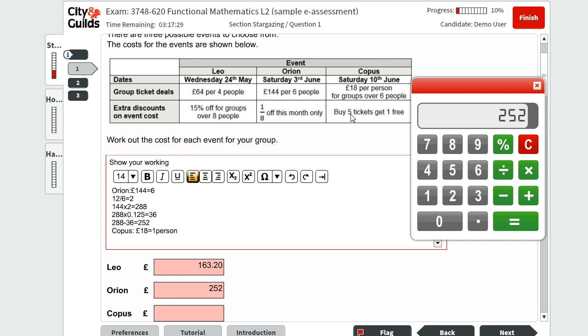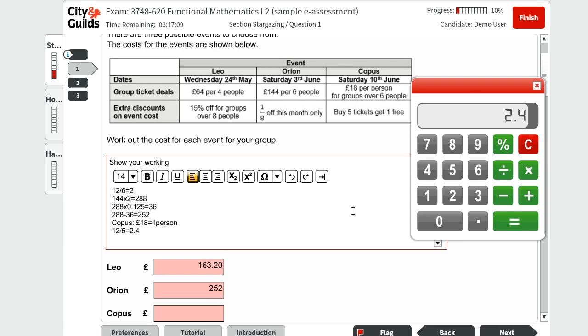We have again 2 groups. We can do 12 divided by 5. We have 2.4 groups.